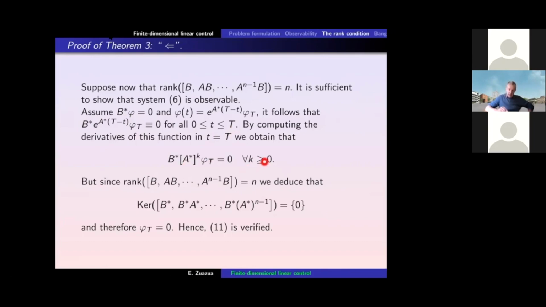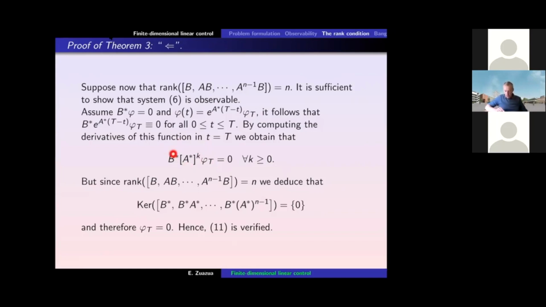Actually, these two conditions are completely equivalent because phi, being a solution of the adjoint ODE, is represented by this exponential form, and therefore is an analytic function. But in particular, this is true for all k. Now, this being true for all k, it means that phi T is in the kernel of this infinite matrix. In particular, it is in the kernel of this finite projection of this matrix.